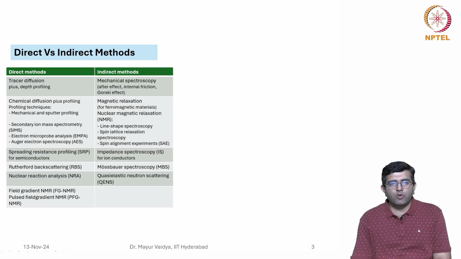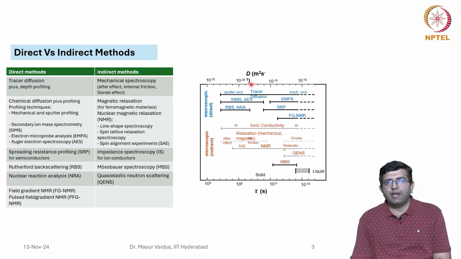Also, let me give you a brief idea about the range of diffusivities that can be measured using these techniques. As you can see here, with tracer diffusion you can measure a very wide range of diffusivities, from 10 power minus 23 to as high as 10 power minus 9 or minus 8. SIMS, for example, we will talk about in the next lecture.